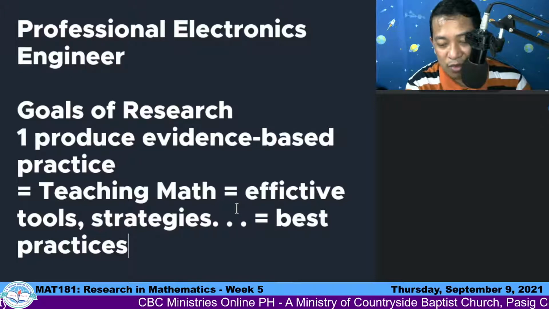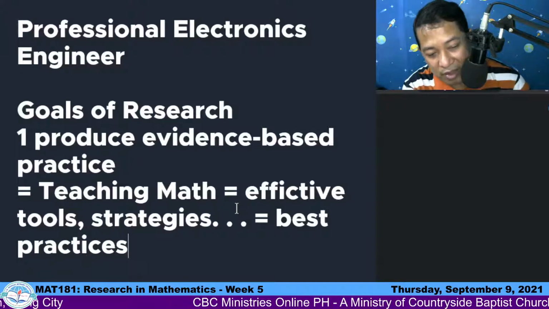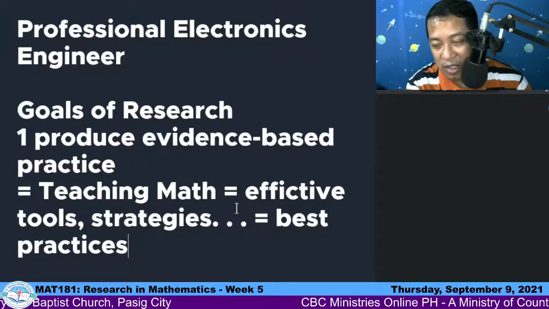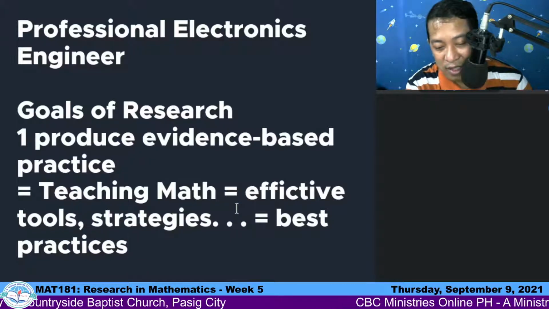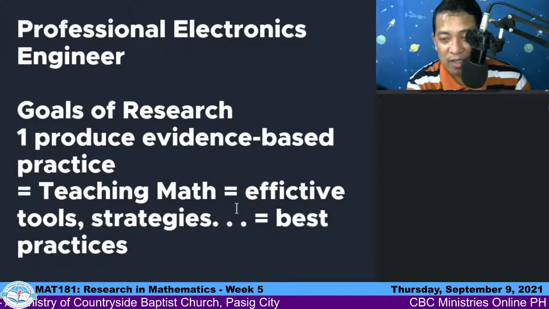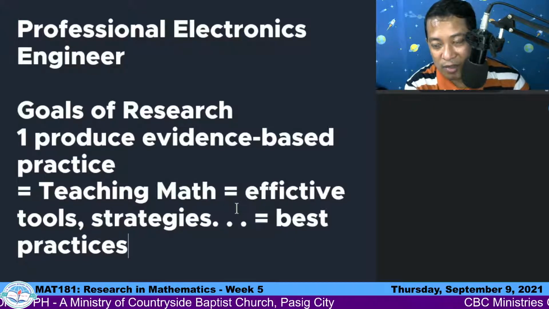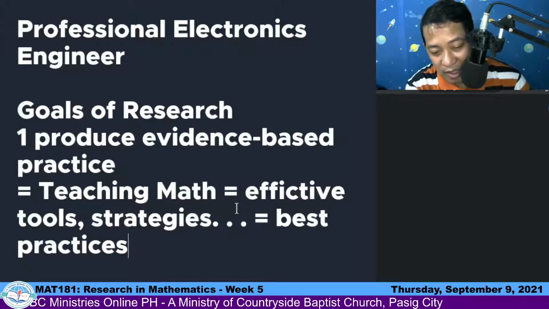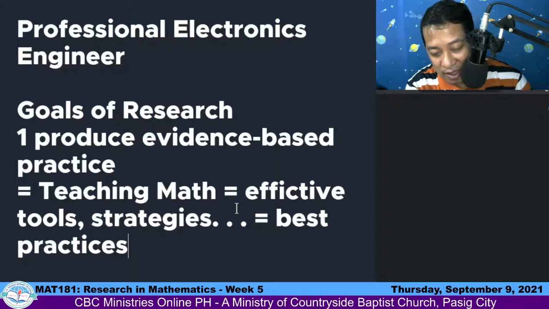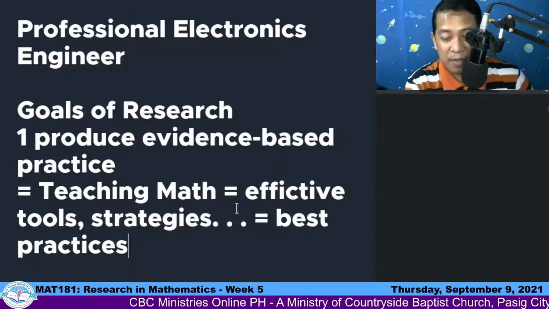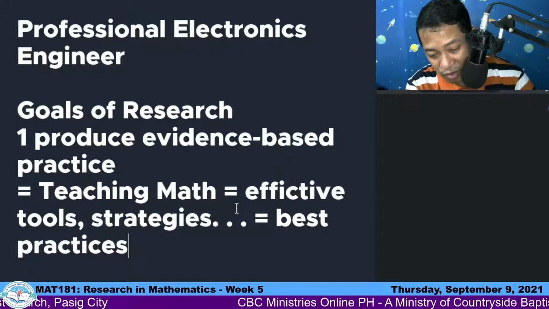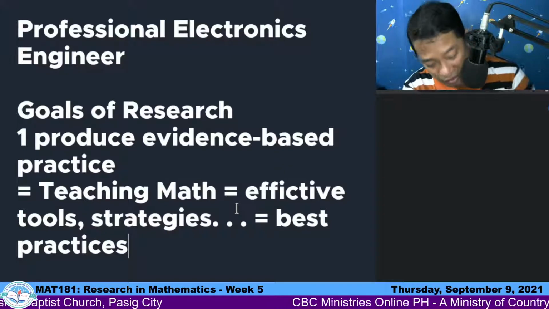So I've been into different platforms, but the majority of my experience is in classroom teaching. So at least on my experience, I will know the best possible methodologies I could use in teaching a particular course.